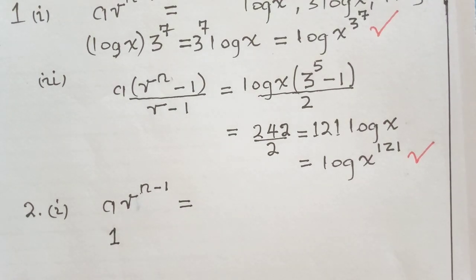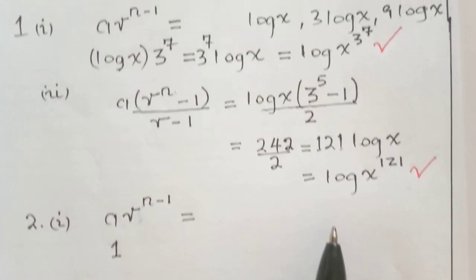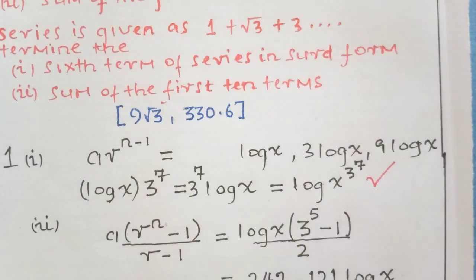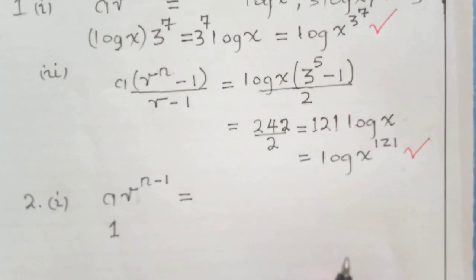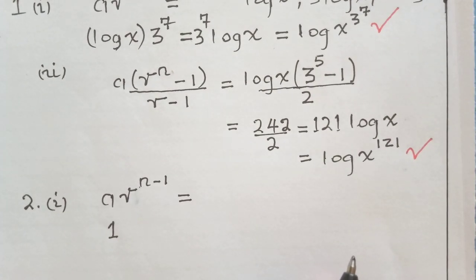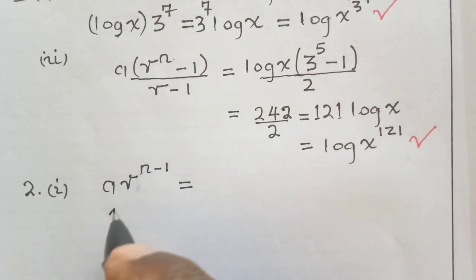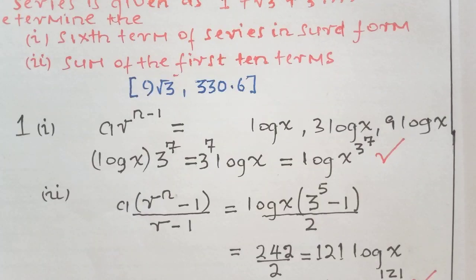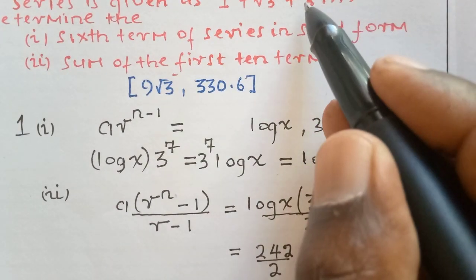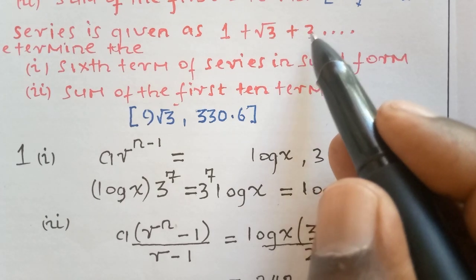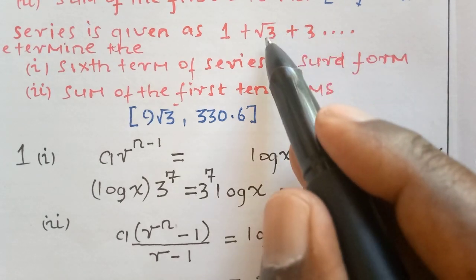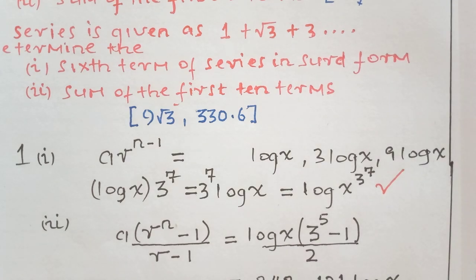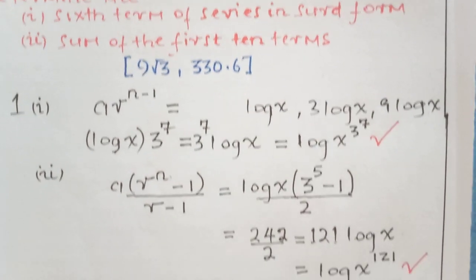And then r is going to be root 3 over 1, which is root 3, because this is a GP. We established that it's a GP because square root of 3 multiplied by square root of 3, divided by square root of 3, will be square root of 3. So that shows us it's a GP.